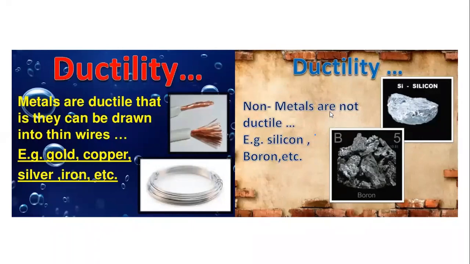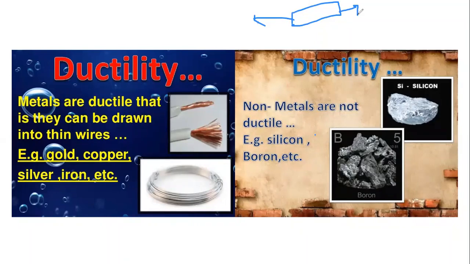You pull it from both the ends. If this is a piece of metal, you pull it from both the ends, and it stretches. So this property is ductility.